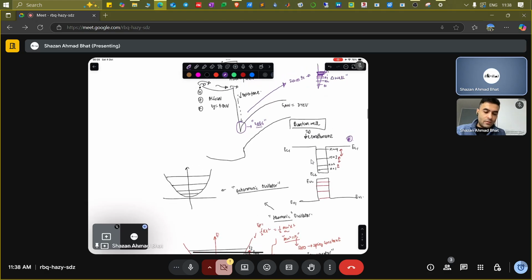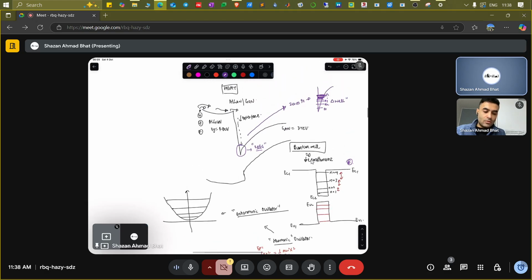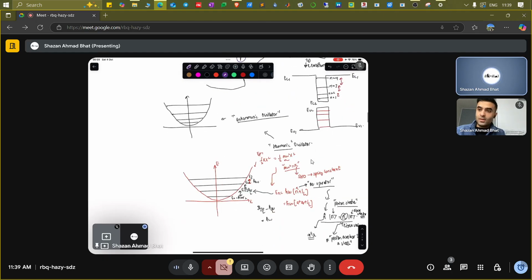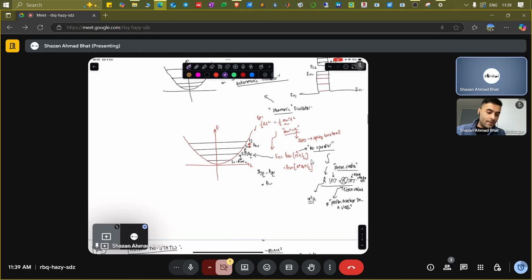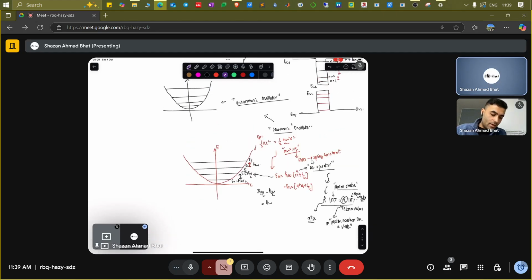Similarly, if you talk about an anharmonic oscillator, earlier the potential energy term was a simple half kx squared term. Now you are going to consider some higher order terms, let's say an x cubed term, an x to the power 4 term, and so on. So the potential profile will become anharmonic.